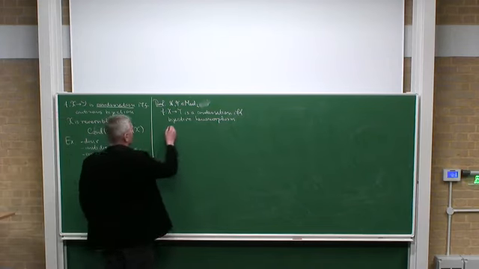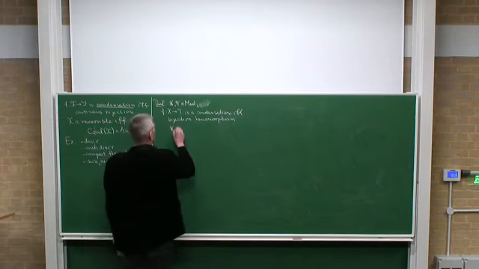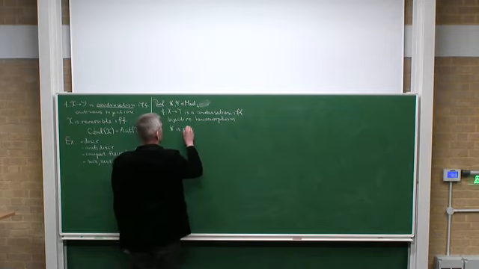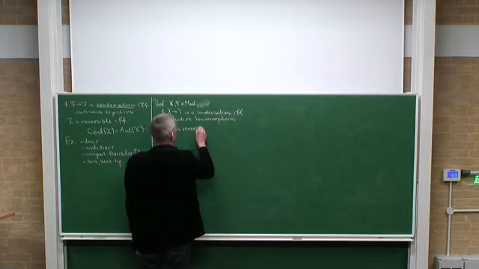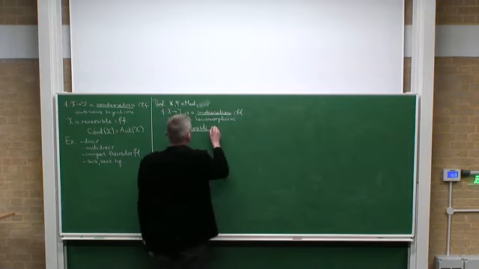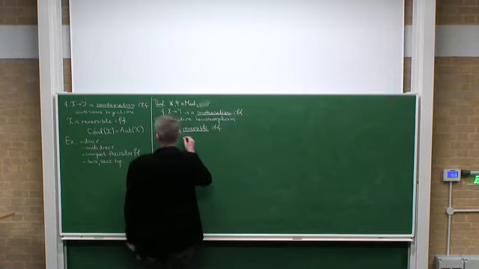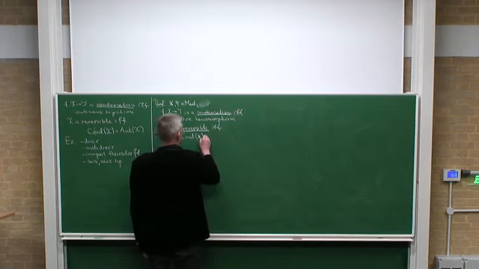Now, a structure X is reversible if and only if, again, each condensation is an automorphism.